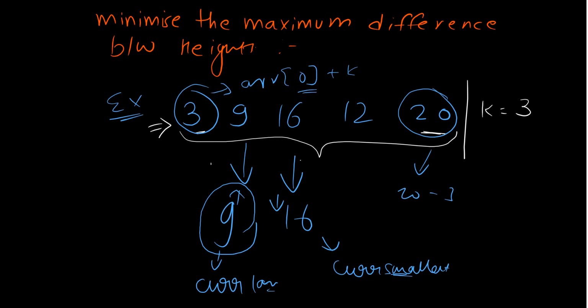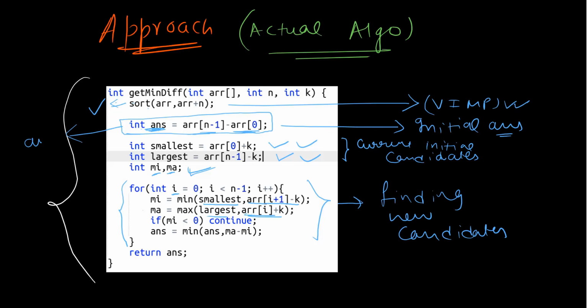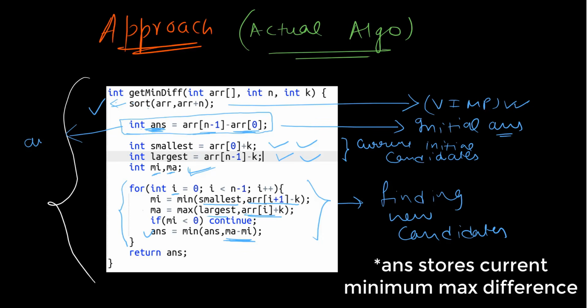After updating, we will check if the difference between our current tallest and current smallest is smaller than our answer. As we are updating our answer, we want to minimize. That's why at this point we are actually minimizing our answer. Okay, so I hope you understood this.